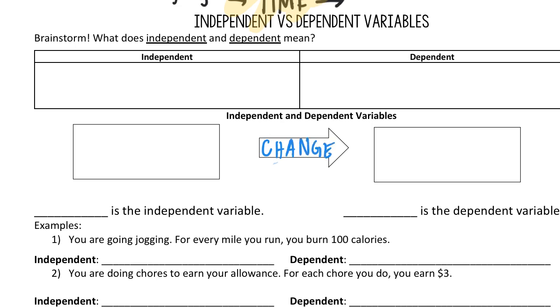What you need to know is that the independent variable causes the change to occur. So it's the driver of the change. So the independent variable causes a change, and this results in the dependent variable changing.